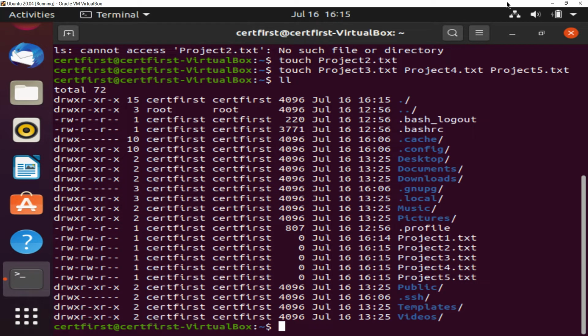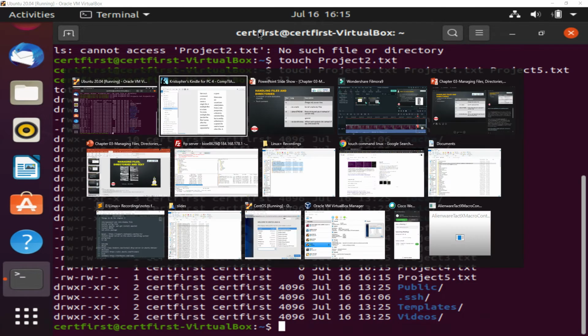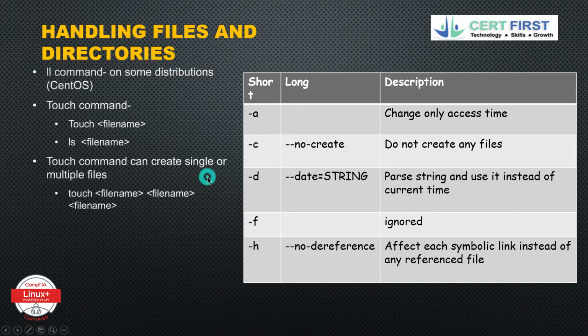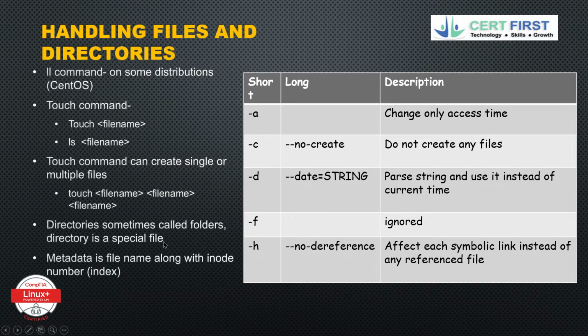So directories are sometimes called folders, and we can create single files, multiple files, and each directory is also a special file, and it has metadata that includes the file name along with an inode number.